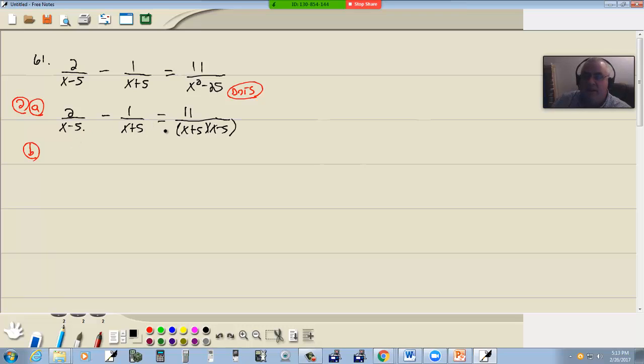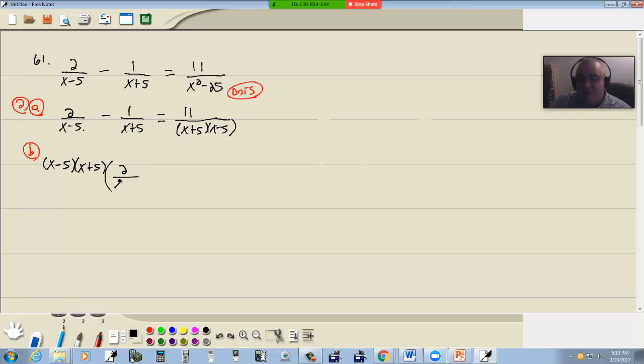There's one here, none here, one here. So the greatest number of x minus 5s in a single denominator is 1. Then I go to my next factor, the x plus 5, and I'm looking for the greatest number of x plus 5s in a single denominator. None here, one here, one here, so it'd be 1. And that would be our LCM. And that's what we're going to multiply everything by.